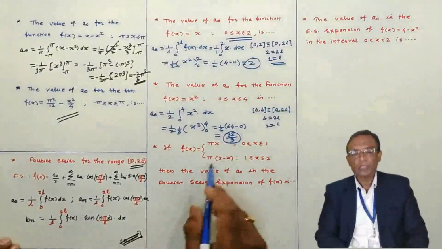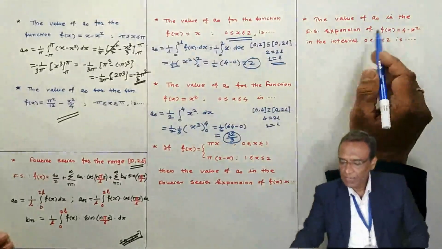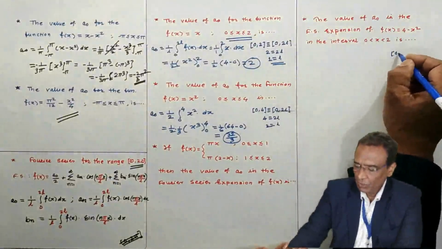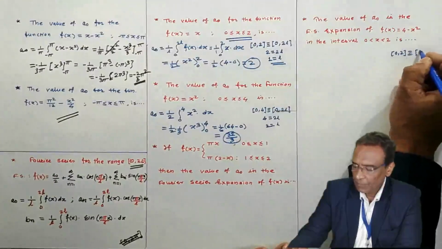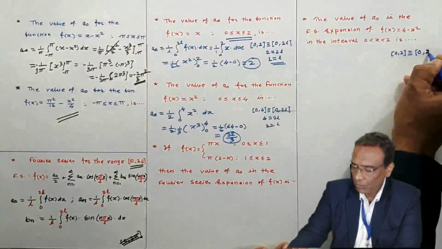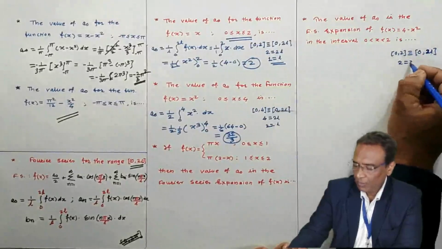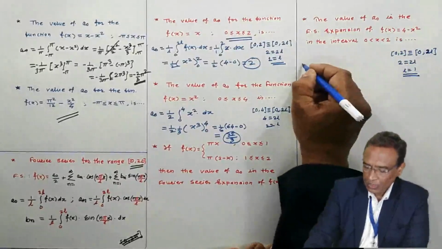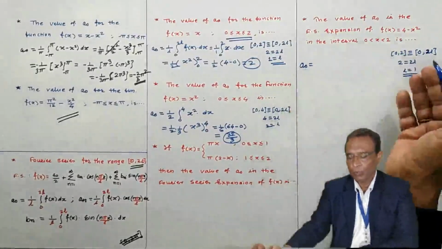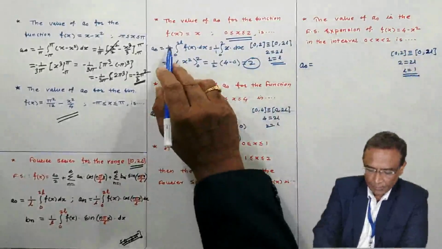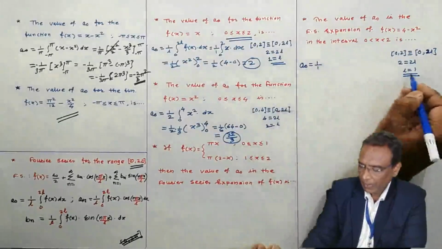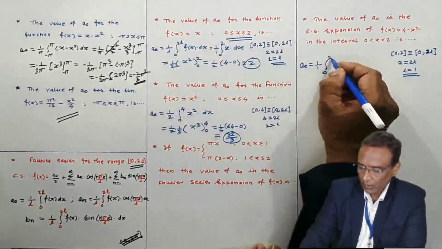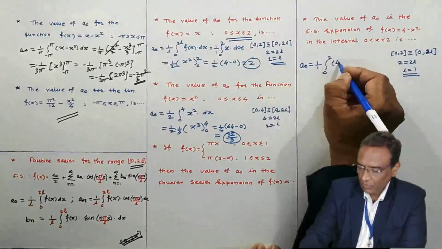Similarly, here the value of a0 in the Fourier series expansion of this you can find out. See, 0 to 2 must be equated with 0 to 2L. 2 equal to 2L means L equal to 2 by 2 is 1. The function is what? 4 minus x square. See, directly write it. 1 by L. L is 1. 0 to 2L, f(x), 4 minus x square.